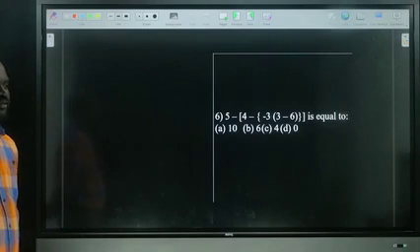What's the answer? Some are saying option A.